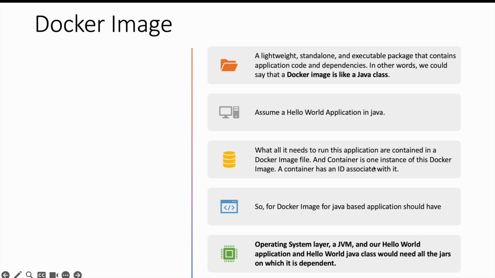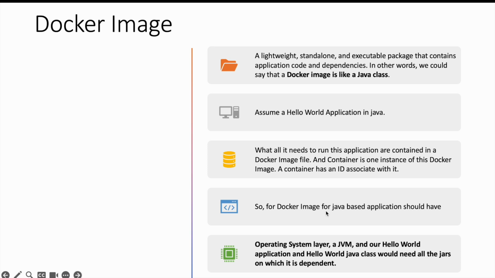And a container is one instance of this Docker image. So a container has an ID associated with it, right? So you have a Docker image, and when we talk about the runtime part of it, then we call it a container.